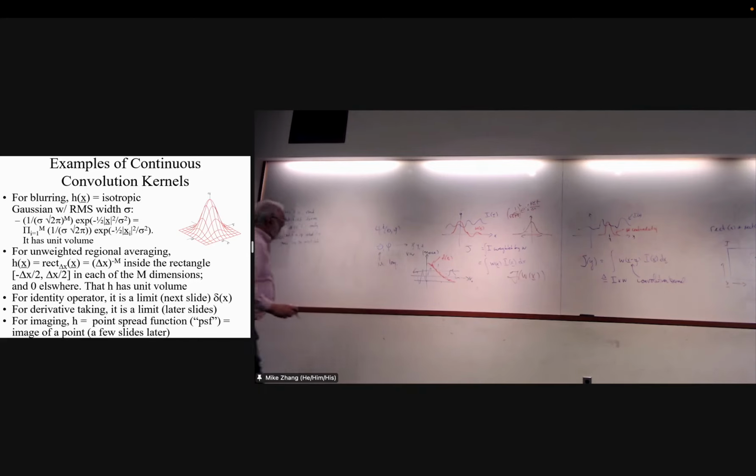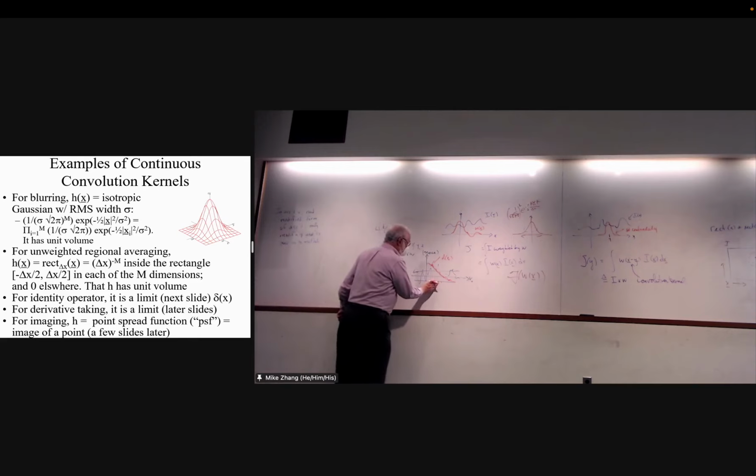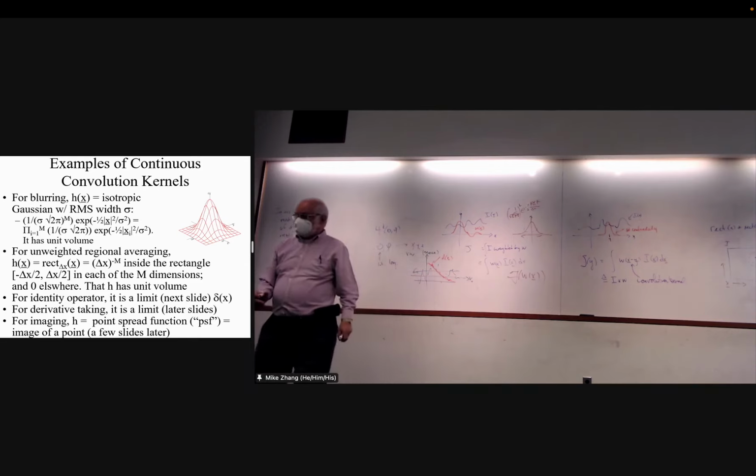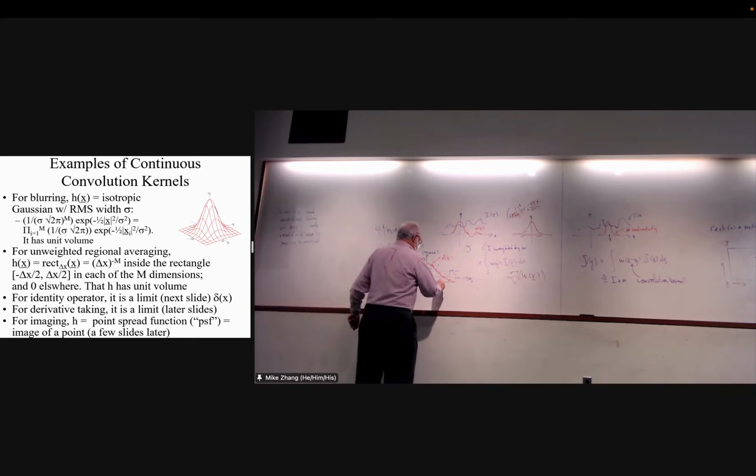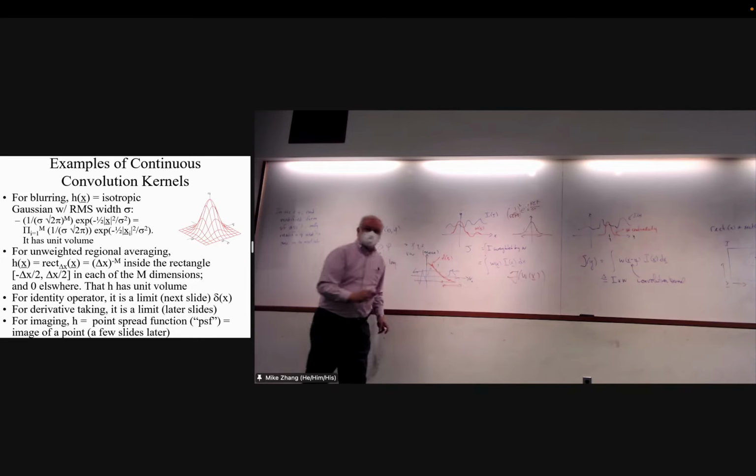But the point is that at these low and moderate frequencies, the noise can be very small relative to the signal. So the signal to noise ratio is very good. But at these frequencies over here, the noise is large relative to the signal.